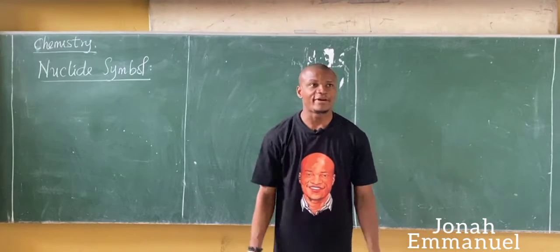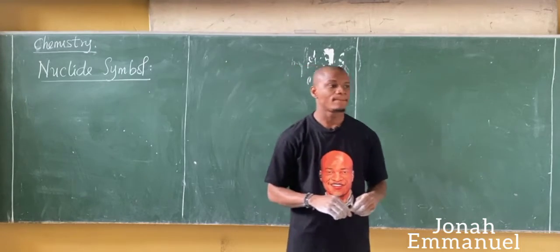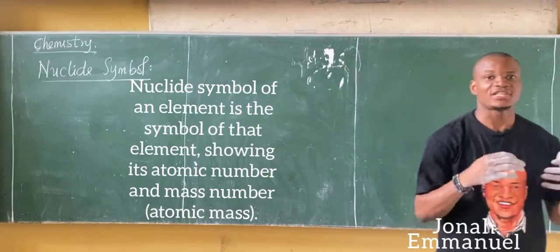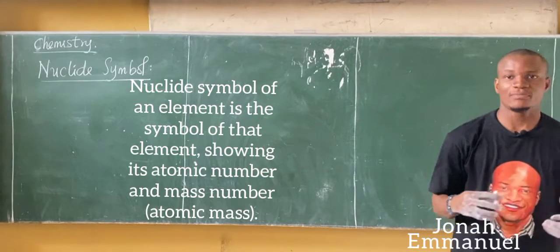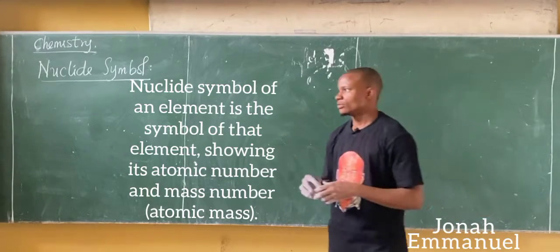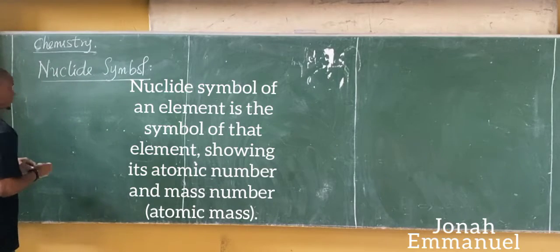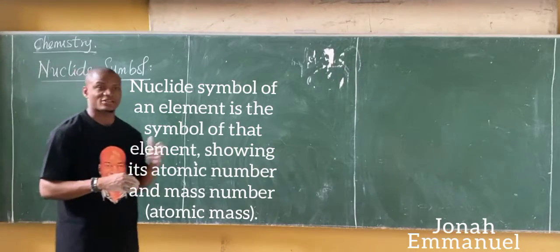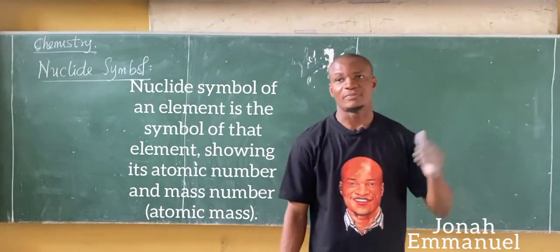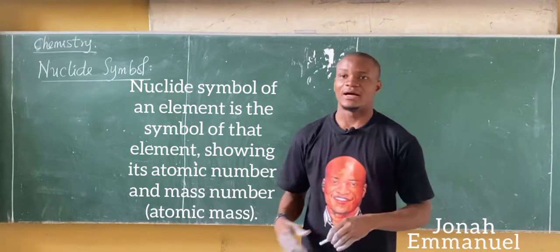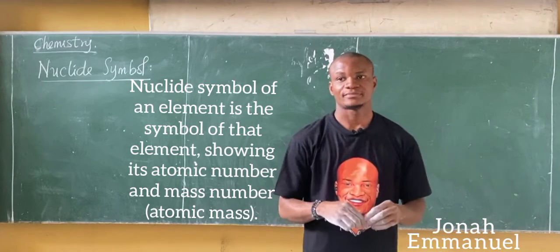The nuclide symbol of an element is the symbol of that element showing its atomic number and mass number, in brackets, atomic mass.